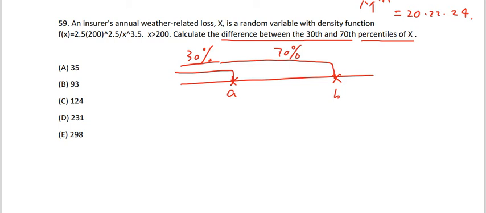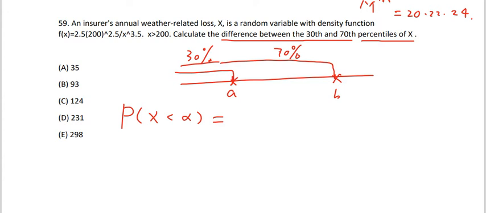Okay, so let's find it in general. Say we want to find this cut point where P(X less than alpha) equals some percentage. So we just find this probability.